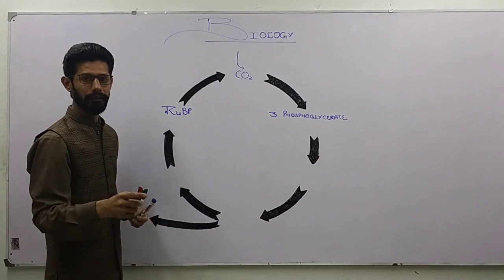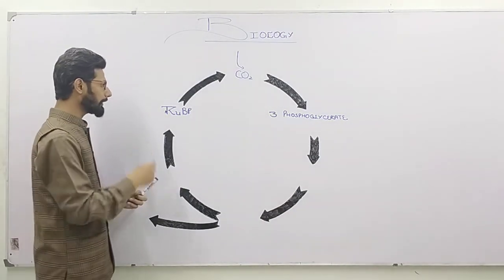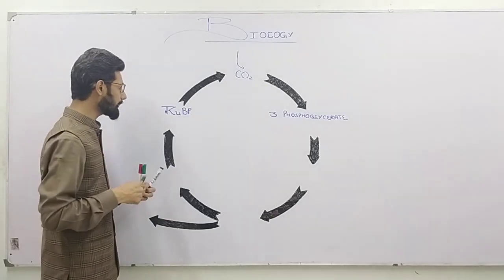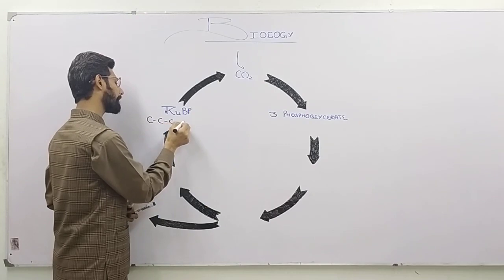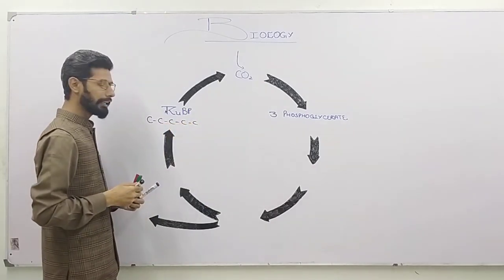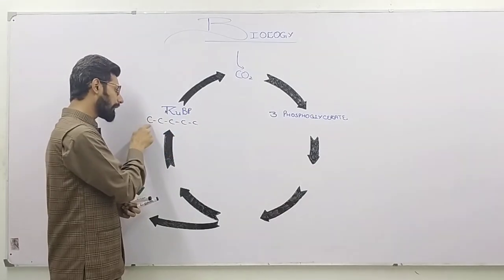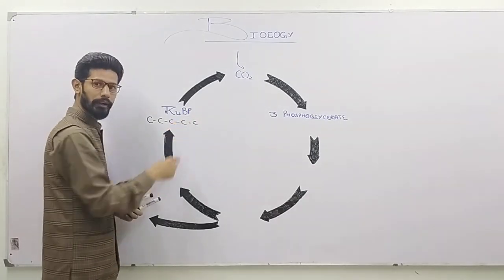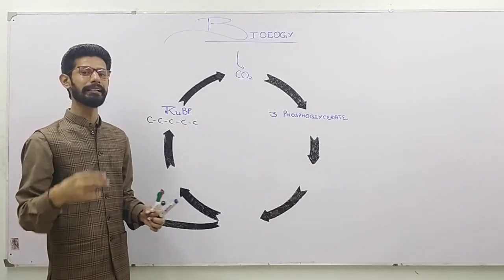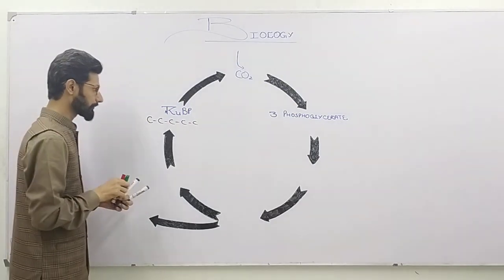Now, how does this reaction take place? Remember that ribulose bisphosphate is a 5-carbon compound. Each ribulose bisphosphate molecule contains 5 carbon atoms. As it's a bisphosphate, remember that bis means 2, so bisphosphate means 2 phosphorus.